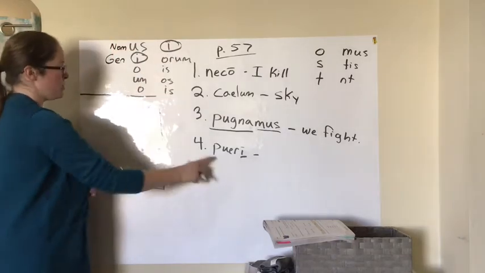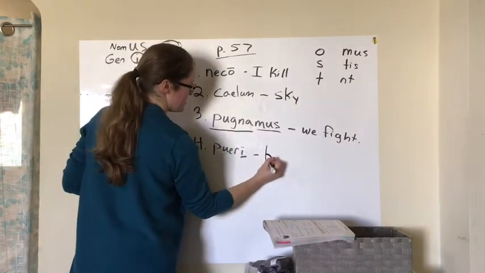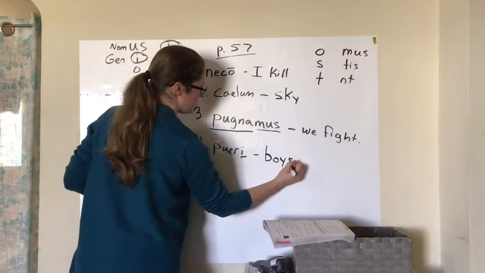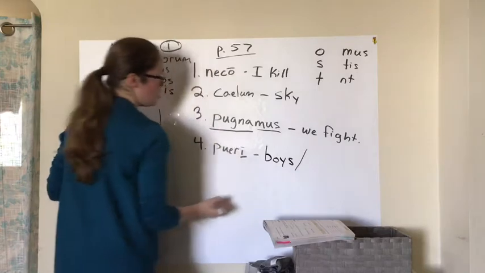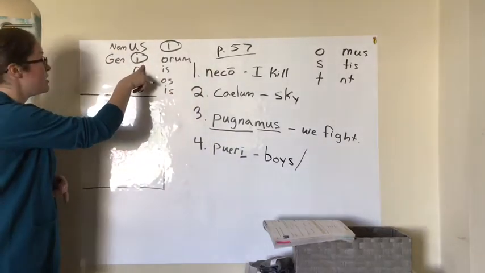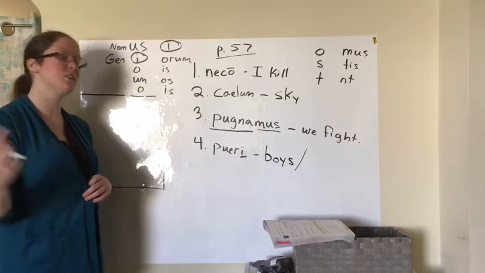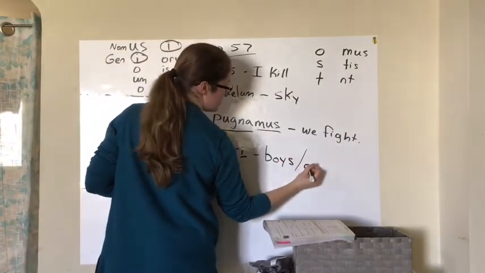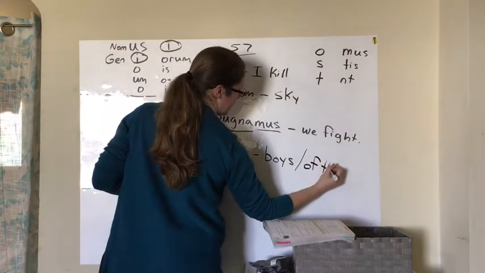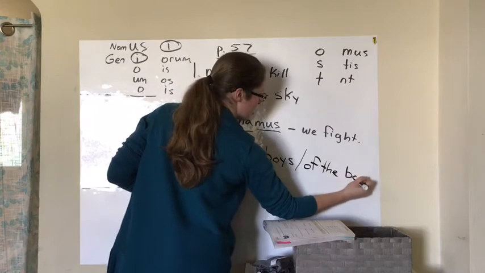So nominative plural of boy would just be boys. Or if it was the genitive singular, genitive is possessive. We can say possessive with the preposition of the. So boys or of the, and remember it's singular, so it's not of the boys, it's just of the boy.